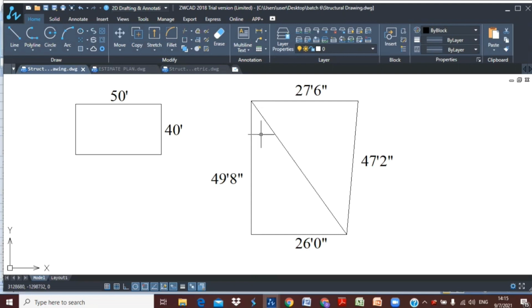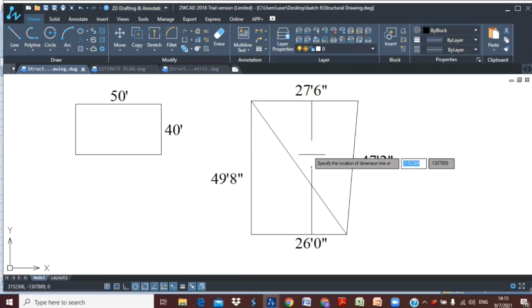The first one, you can see, is 449.8 inch, 26 feet, and this is our partition length, you can say. So I will measure this.